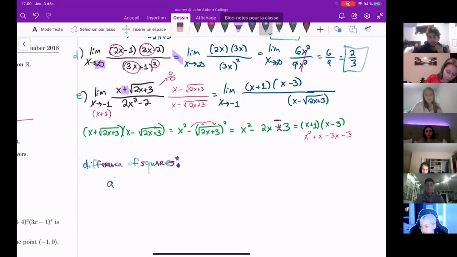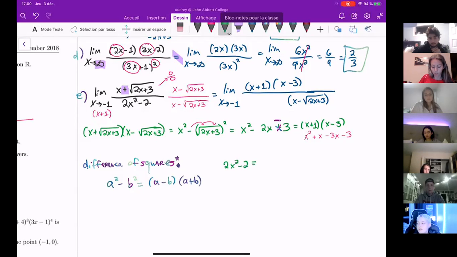It tells me that a squared minus b squared is equal to a minus b times a plus b. So that's one way that I could do this. I could start off by saying 2x squared minus 2 has a greatest common factor of 2 that I could factor out, and then have 2 times x minus 1 times x plus 1.